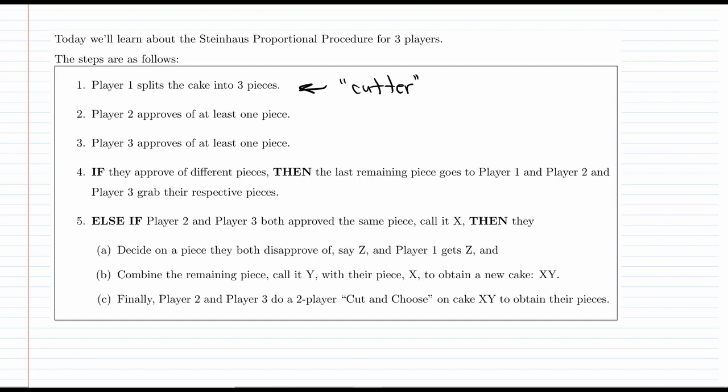So they should cut the cake in a way that they think each cake piece is equal in value. Just like with the you cut, I choose, the first cutter was cutting in a way to make sure half of the cake was in each piece. In the same way, player 1 is going to cut the cake to guarantee that a third of the cake is in each piece.